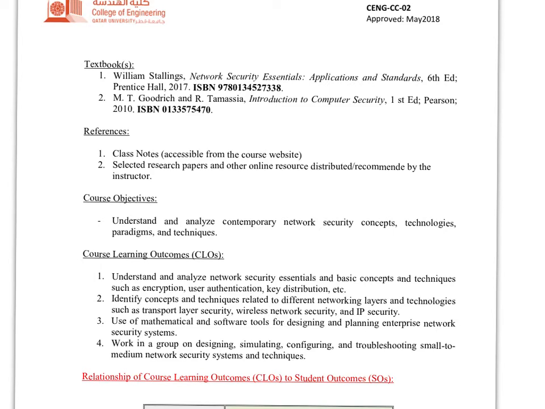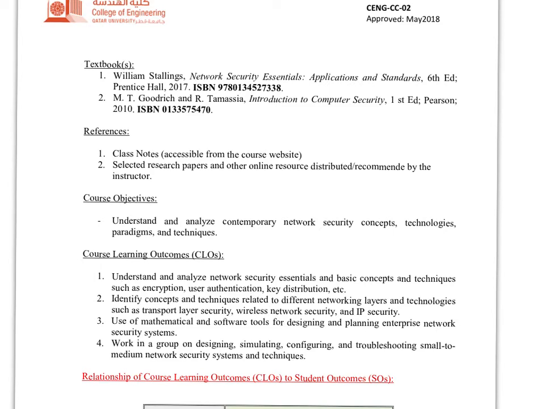Then the course is going to dig into the details of network security services, layer by layer. For example, in the network access layer, we have, of course, physical ports, or logical ports in the case of wireless. What is the difference between securing a physical port and securing a logical port, as in the case of wireless?